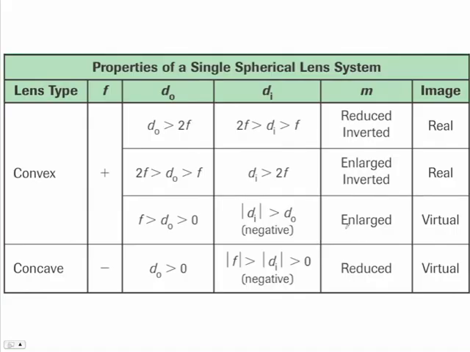So to recap, concave and convex mirrors or lenses. For a convex lens, when you're doing the math, the focal point will always be positive. So that's pretty key. This is the sign of focal point or focal length when doing math.